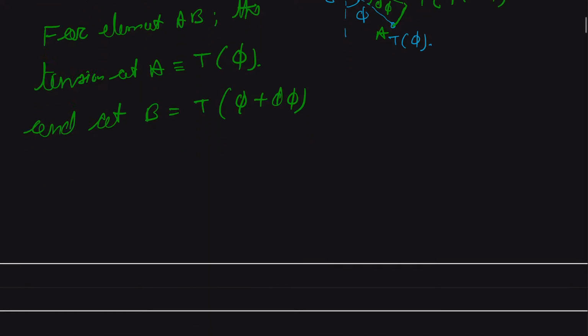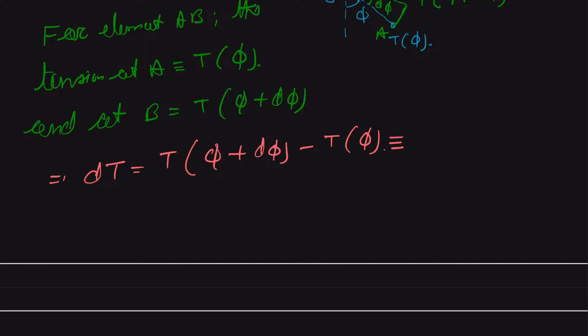Therefore we can write that the difference in the tension T can be written as T of phi plus d of phi minus T of phi, and this difference in tension will be equal to the tangential friction force.